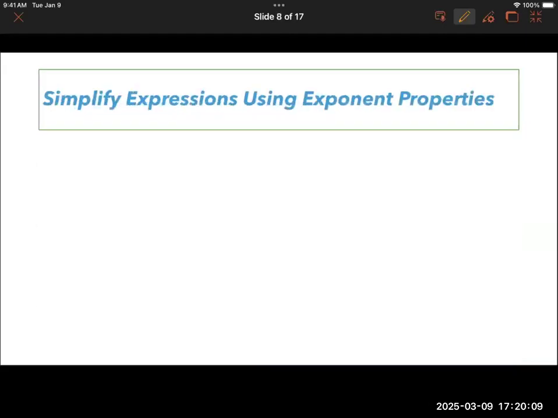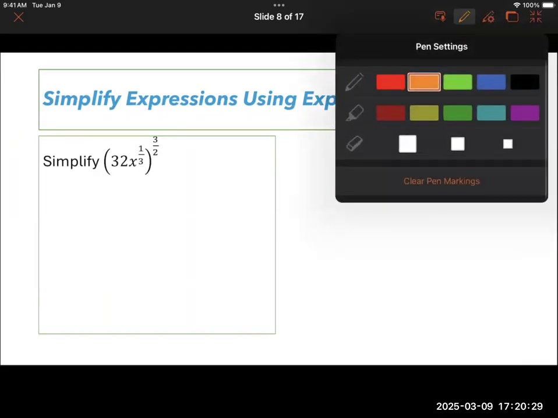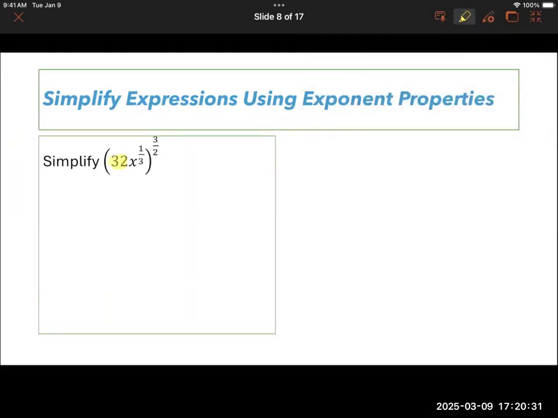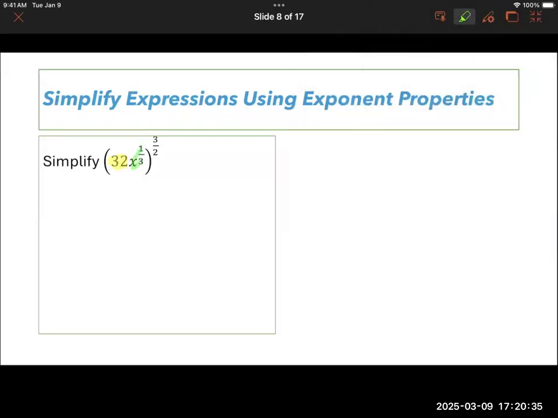All right, so if we continue now, as we simplify some more kinds of expressions. Our expressions can get a little bit more complicated or complex, and we just need to understand how to use the properties to help us get through it. So here I have 32 as a factor, and that's being multiplied by this x to the 1/3.